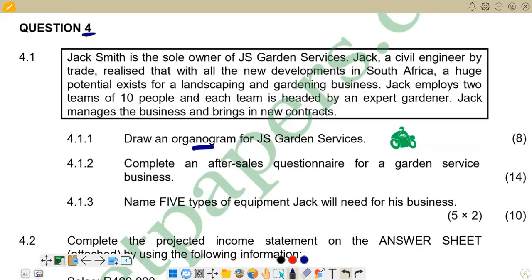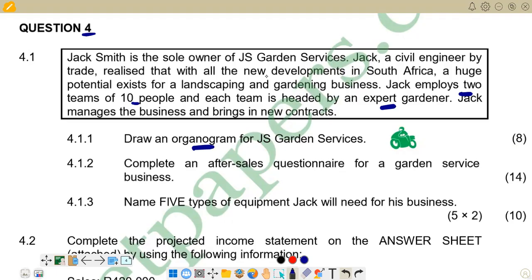And we've got some hints that we are given there that Jake employs 10 people, which is very important to take note when you are preparing that organogram. And each team is headed by an expert gardener. Very important. And then Jake employs two teams there. So we are going to have two teams, each with 10 people.